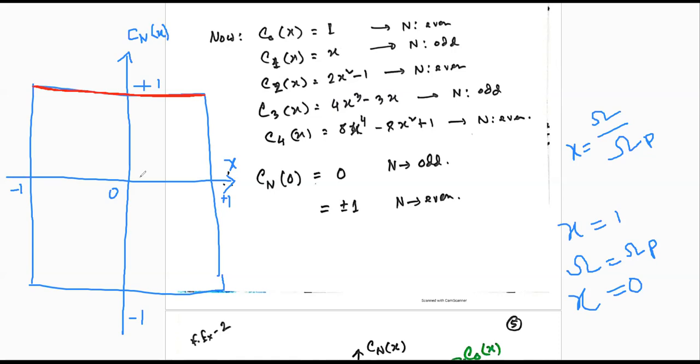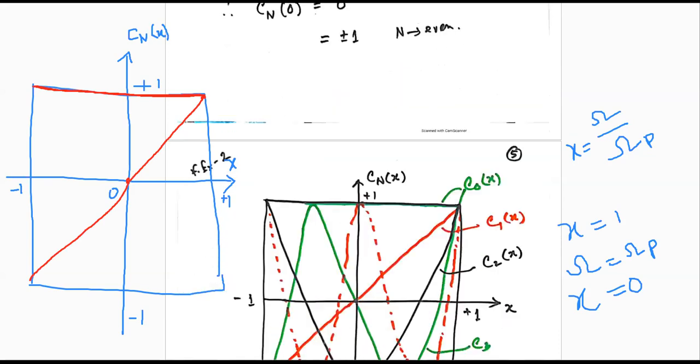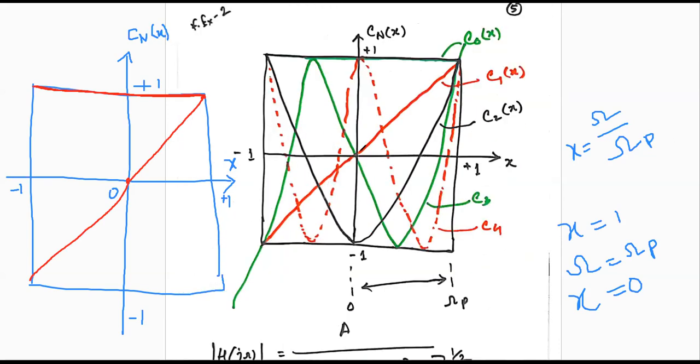Can you draw that? For x equals to 0, it will be 0. For x equals to 1, it will be what? 1. So that will be a straight line. You got the point? This is for C1. The same thing I draw here. So this is for C1, a straight line.